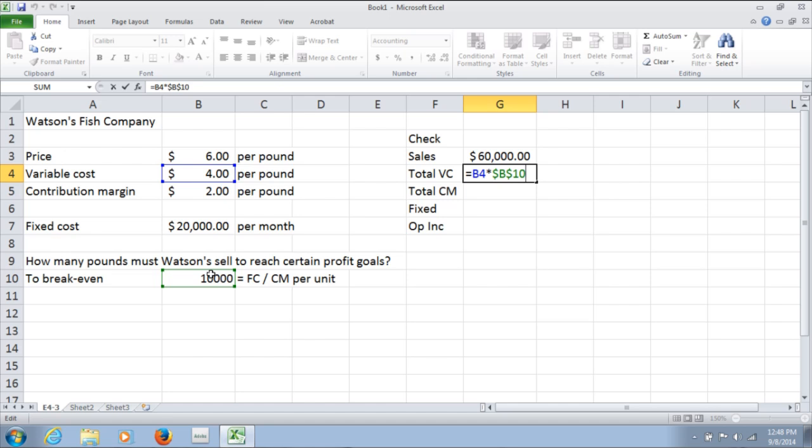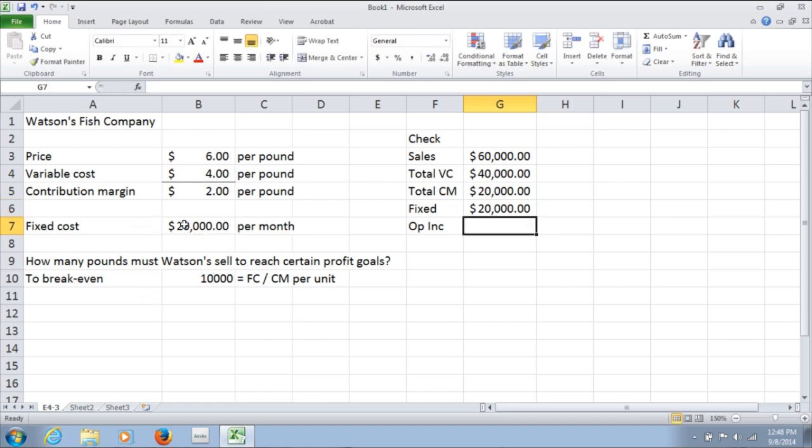Notice that since we have an absolute reference to break even, that ends up gearing us toward 10,000 units. So then when we calculate our contribution margin, the difference between sales and total variable costs, we have 20,000. Fixed cost is also 20.